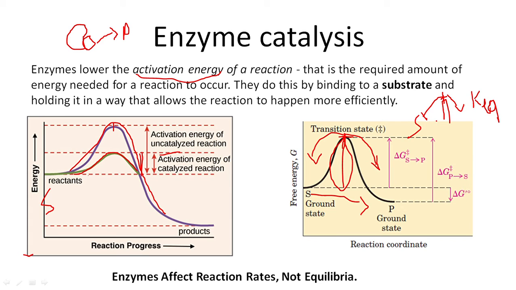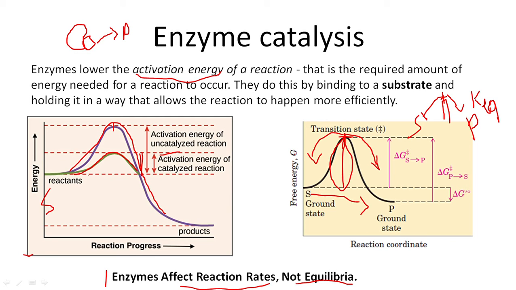When it is jumping backward, it is converting into substrate itself, and when it is jumping forward, it is converting into product. So this is a simple analogy, and from here we can say that the enzyme affects the rate of reaction, not equilibrium.